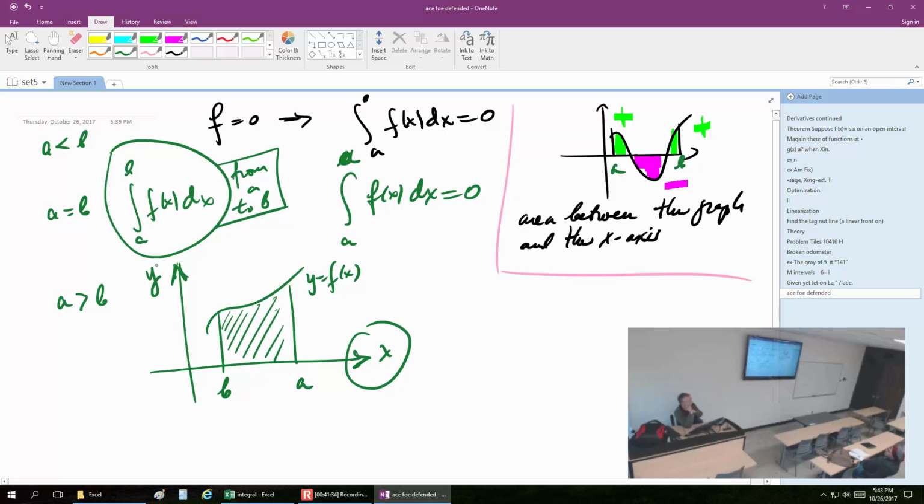We know which way time goes, and when we are talking about time from A to B when A is larger than B, it means that the time has reversed.